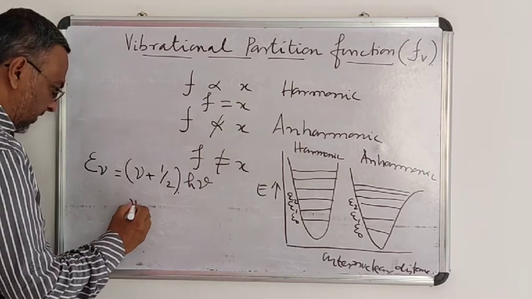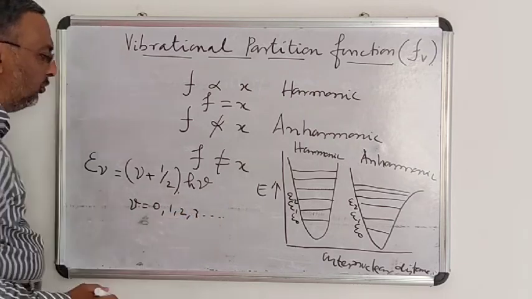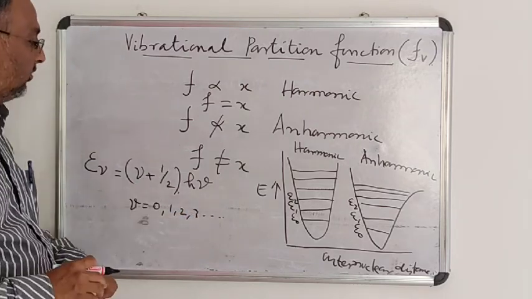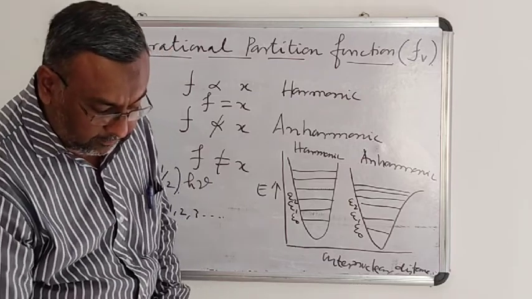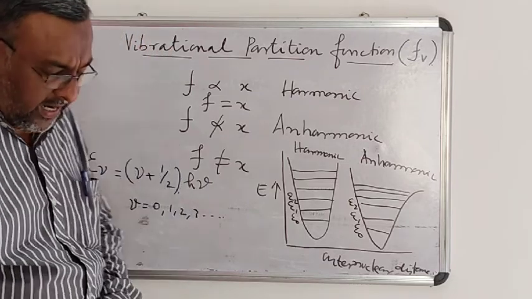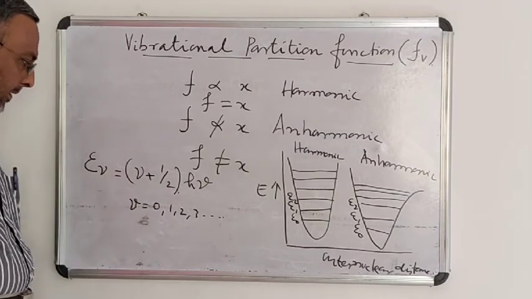It has integral values 1, 2, 3, etc. h is Planck's constant and nu is the frequency of vibration. The vibrational energy level is usually given by this equation.